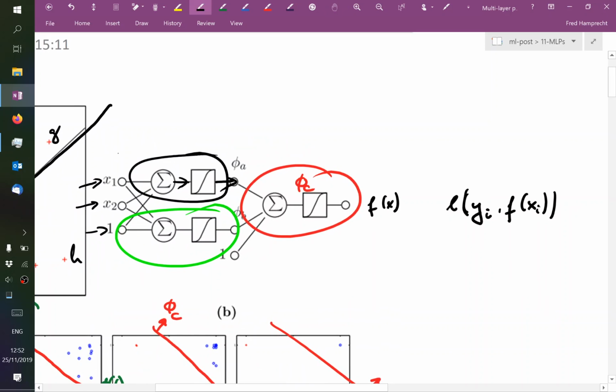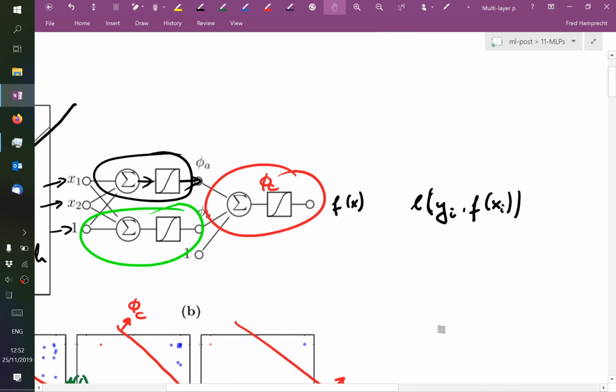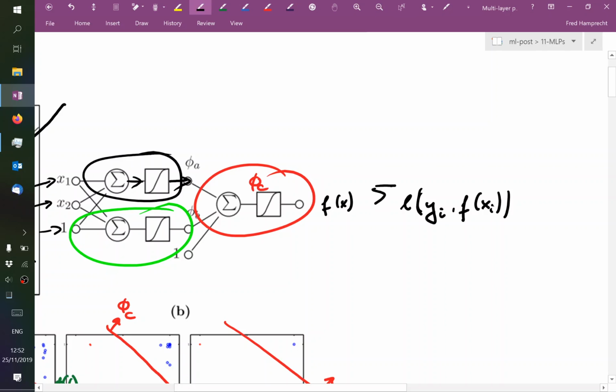By the way, my notation here is not super consistent, because when I say x subscript 1, I mean the first dimension of a particular observation, and when I say xi, I mean the ith observation. Now I can sum this over all observations. This is a loss function.